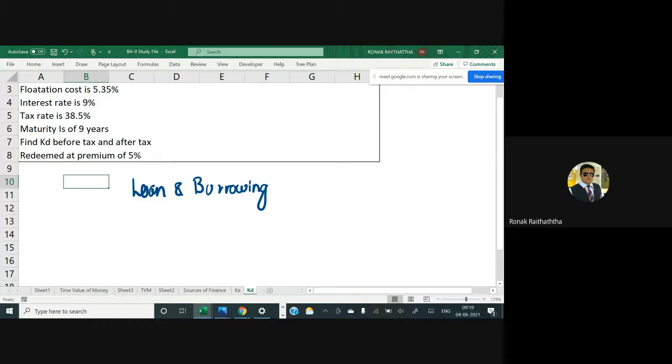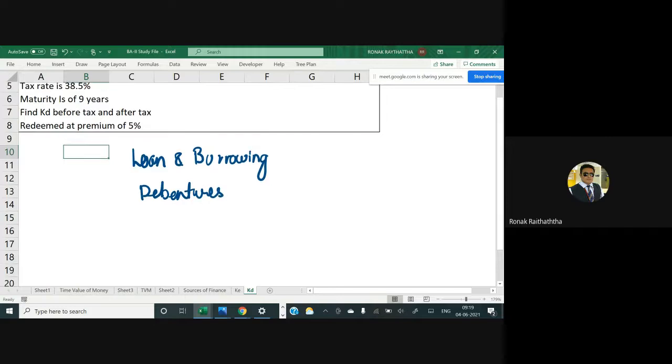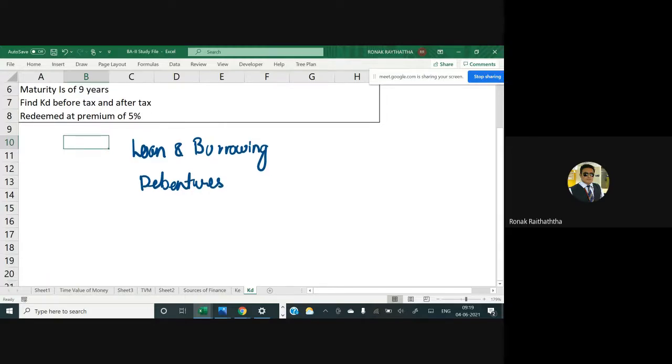But as far as the loans and borrowings are concerned, the pure term loans from the banks and financial institutions, straight away the interest rate is going to be the cost of debt for you. But if the debentures come in, then some complication arises. Now in those debentures as well, some can be zero coupon bonds, also called discounted bonds.